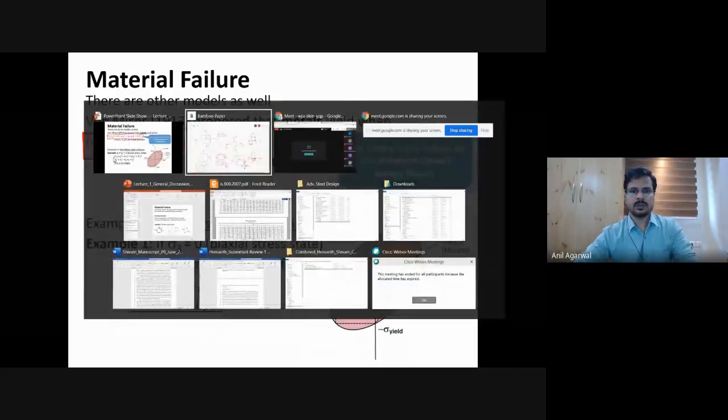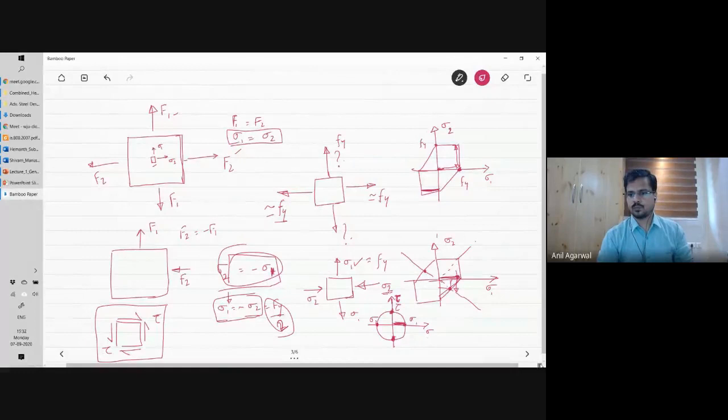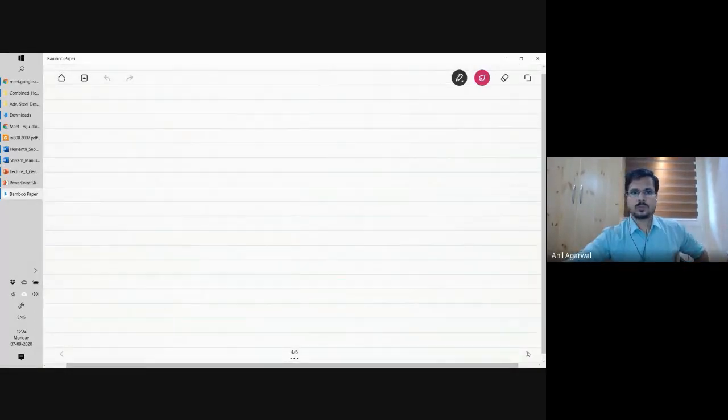If it's not clear, I'll write it. If I draw a stress-strain plot, and I want to calculate how much energy is absorbed, or potential energy stored in a material when it undergoes a particular level of stress, the energy will be the area under this curve, right?